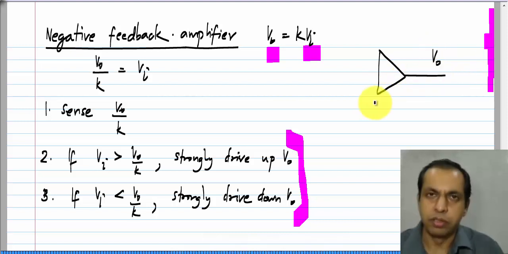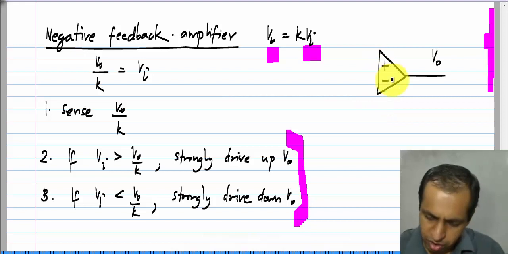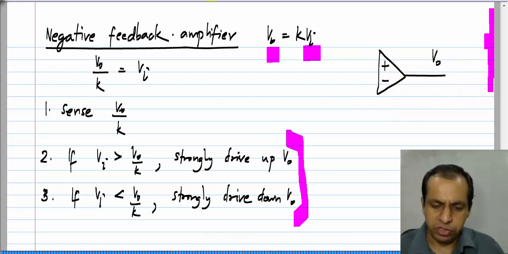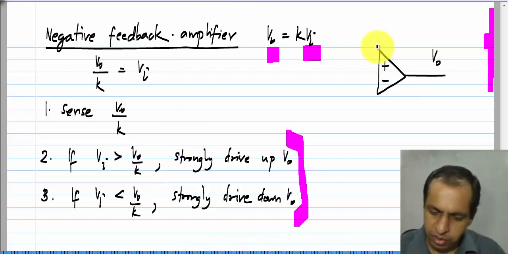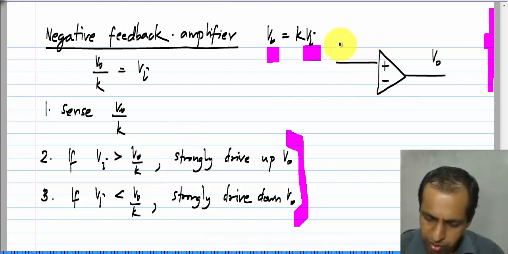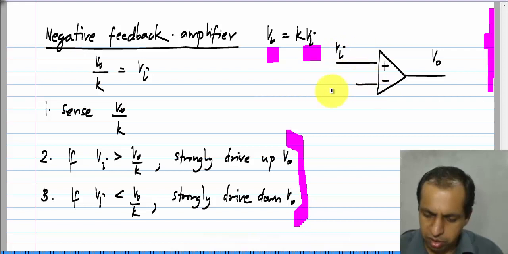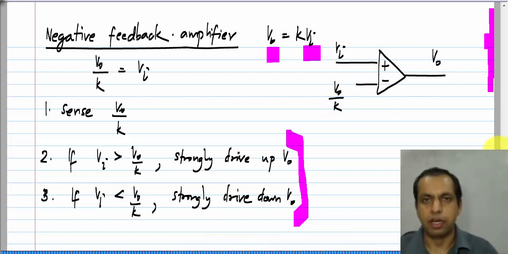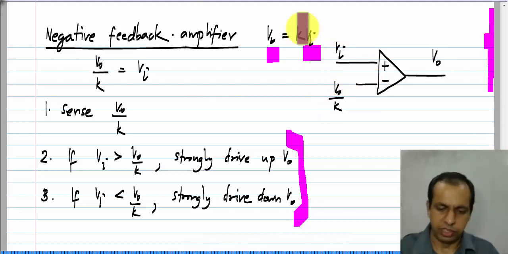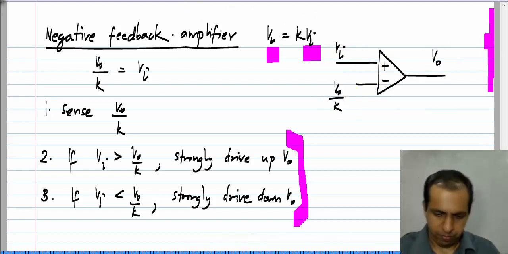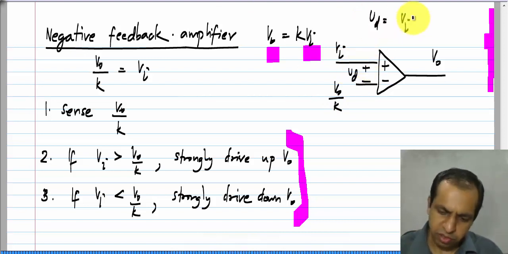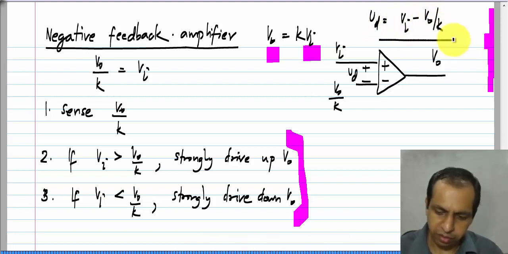The output of the op amp must be V naught, and it must be driven strongly positively if V I is more than V naught by k. So, I have to apply V I to one terminal and V naught by k to the other terminal. So, with this polarity the op amp responds to V I minus V naught by k. My difference input voltage V D is V I minus V naught by k.